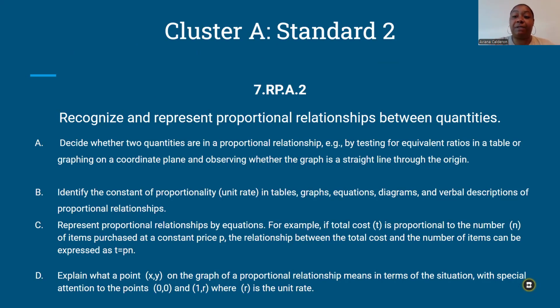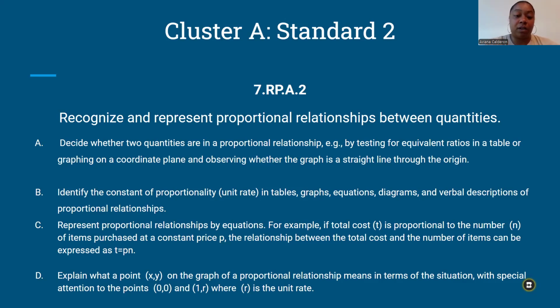Because in order for a line to be proportional, it must first be straight and it must second go through the origin at 0,0. B, identify the constant of proportionality, which is the unit rate, in tables, graphs, equations, diagrams, and verbal descriptions of proportional relationships.